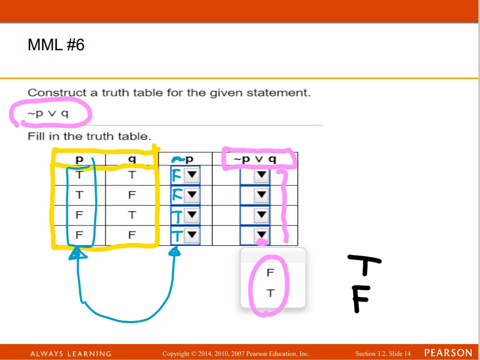And then once you've got that done, you come over here and they want you to do a conjunction, no, sorry, a disjunction between the negation of P and Q. Now, for me, when I'm doing this in class, just erase this pink stuff.